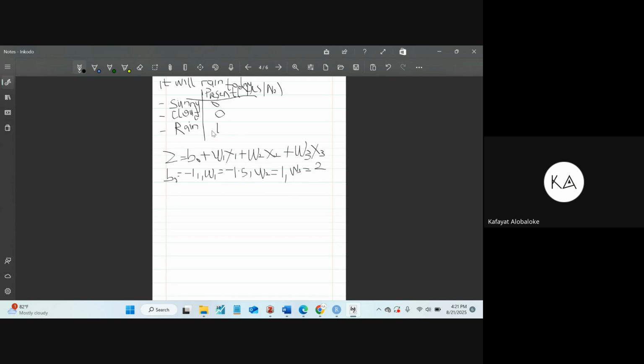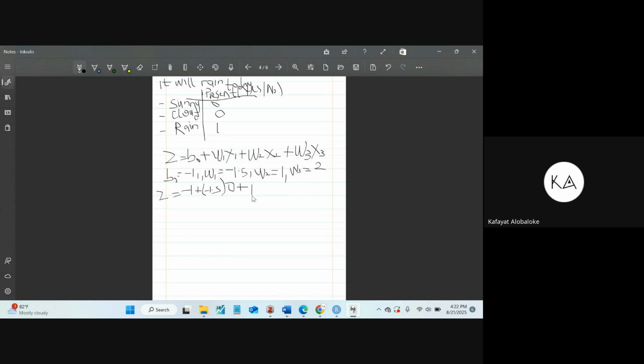Now let's insert our values into Z, looking for the weighted sum. The weighted sum will now be, what's our B naught? -1 plus what's W1? -1.5 multiplied by x1, that's the feature vector for Sunny, that's 0, plus W2X2.